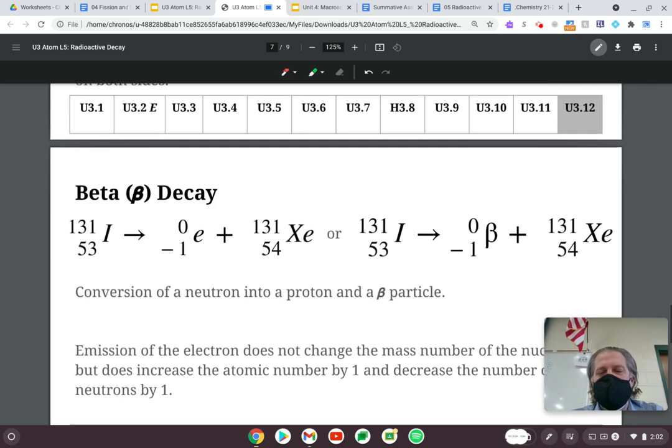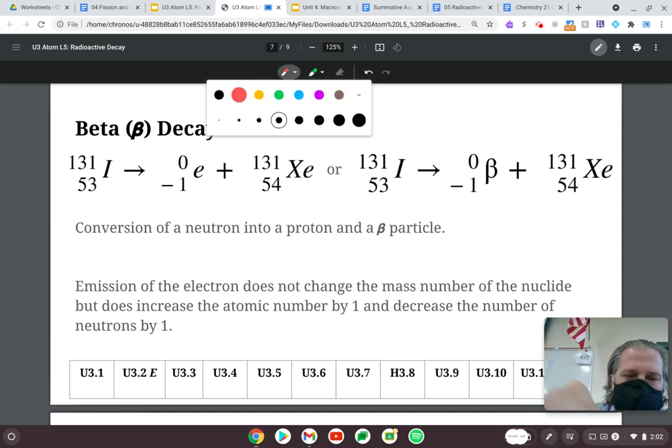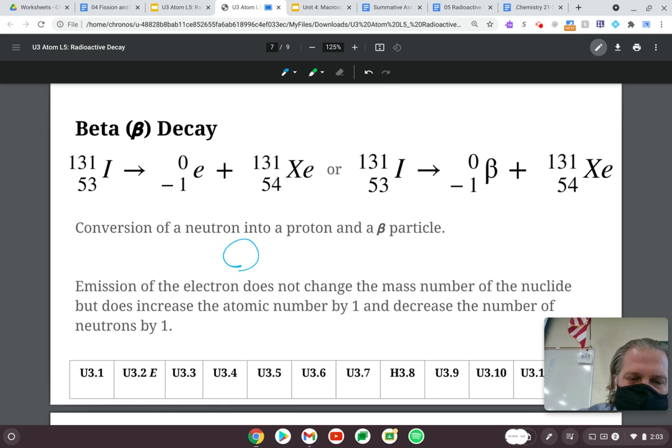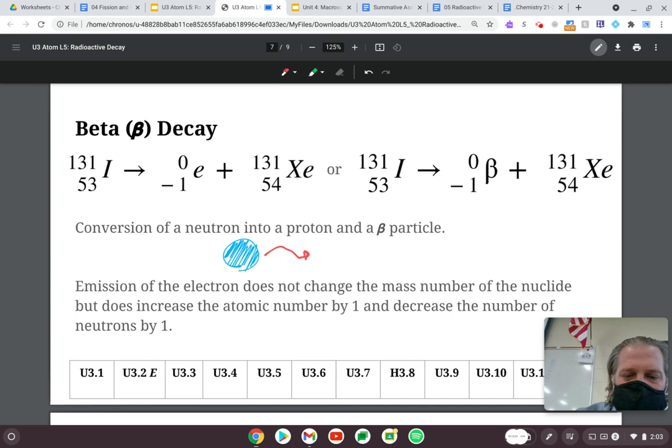In beta decay, this one is a little bit different, and it can be a little bit confusing for some students. So when we have a neutron, right, and here's my best artist rendering of a neutron, what ends up happening is that neutron undergoes some type of a transformation when an electron is given off, and the neutron itself changes into a proton.